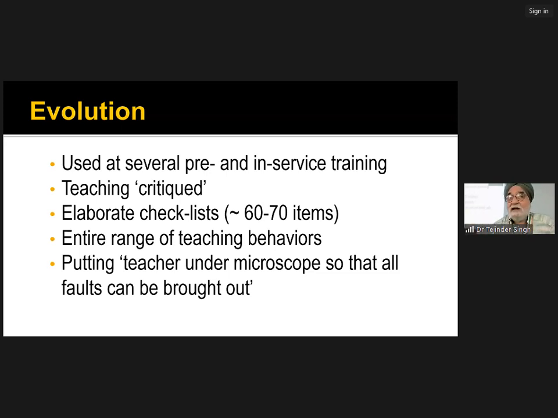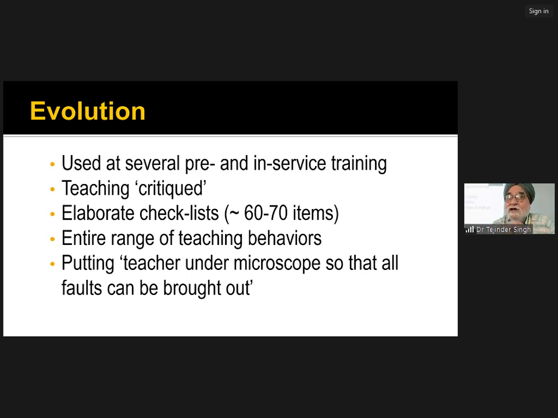But unfortunately, in a bid to make it more objective, people started creating checklists. I'll show you some, but if you Google checklist for micro teaching, you will come across massive checklists, some containing as many as 60 to 70 items.